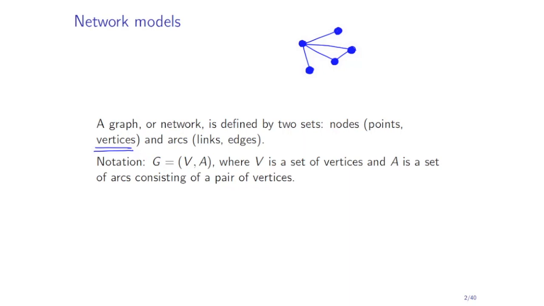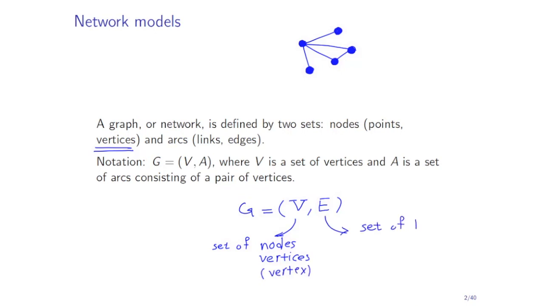Okay, so more formally, a graph G is usually represented by the set of its vertices and the set of its edges. So V is the set of nodes, also called vertices, which is the plural of vertex, and E is the set of links or edges. I prefer to use these two, edge and vertex.